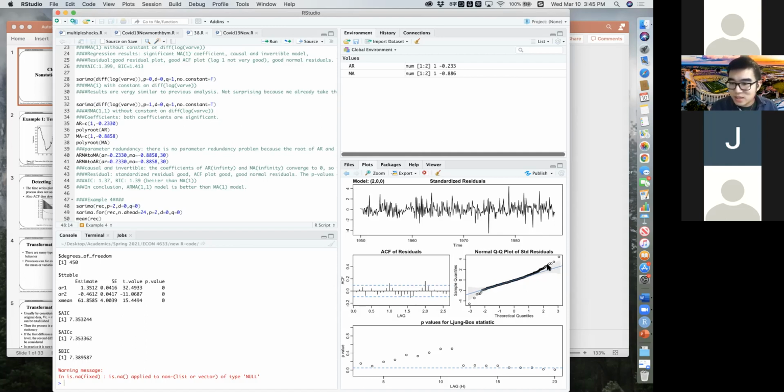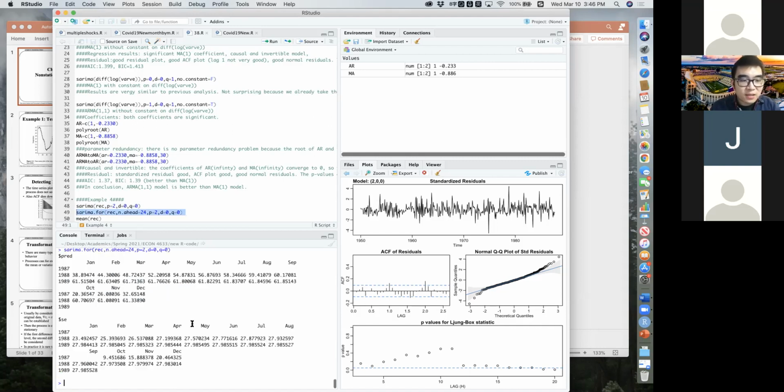You can see those dots are outside your confidence interval. The LB statistics are not bad, acceptable. So you will do all this, and you will check whether this is a causal and invertible model. These coefficients are significant. You can just directly read from the results. So that's the ARIMA recruitment, and to do the forecasting.